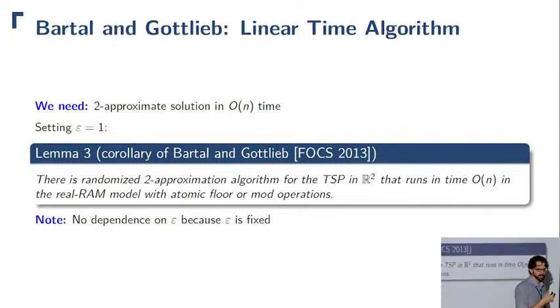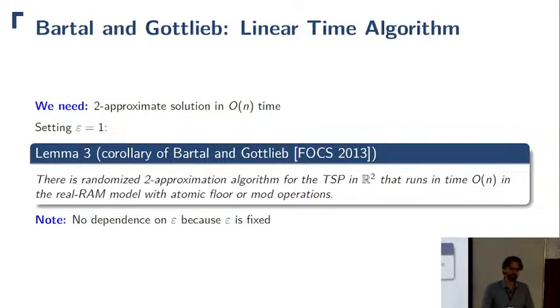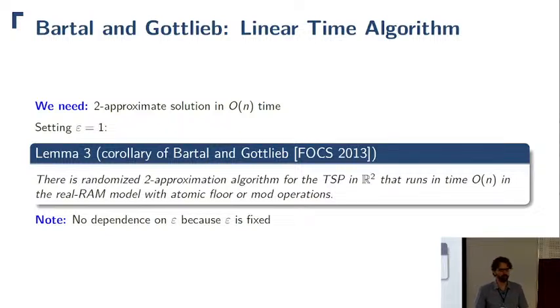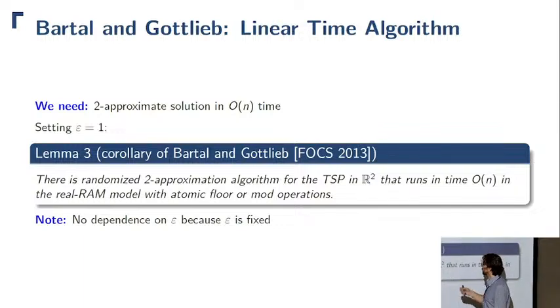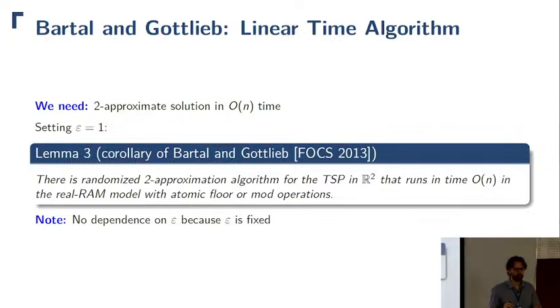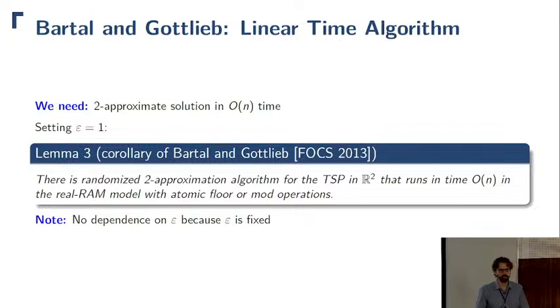So epsilon is this error. For a 1 plus epsilon approximation, we are actually only interested in a 2 approximation here. To get a 2 approximation, we can apply Bartal and Gottlieb, and the whole thing runs in linear time. So there's no epsilon left. Everything is a constant. So we simply get a linear time algorithm that we can apply.